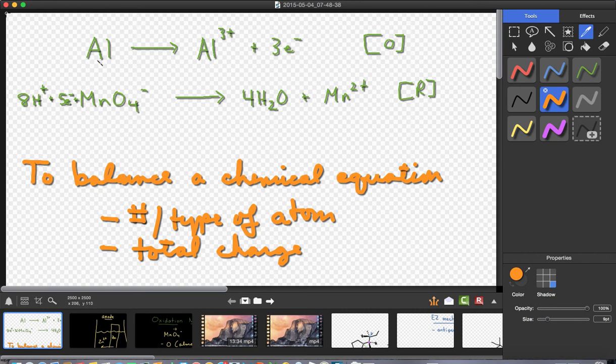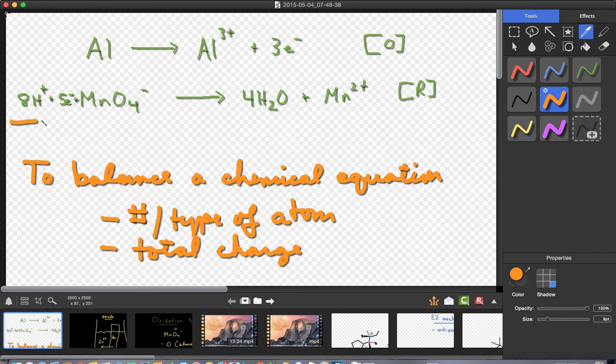For example, in this oxidation half reaction, the charge of all the reactants is 0. The charge of all the products is 0. In the reduction half reaction, the charge of all of the reactants is plus 2. The charge of all of the products is plus 2. I have 8 hydrogens, 8 hydrogens. I have 1 manganese and 1 manganese. I have 4 oxygens and 4 oxygens. When this is done, I can begin to look at how I would add these two equations together to write a balanced chemical reaction.